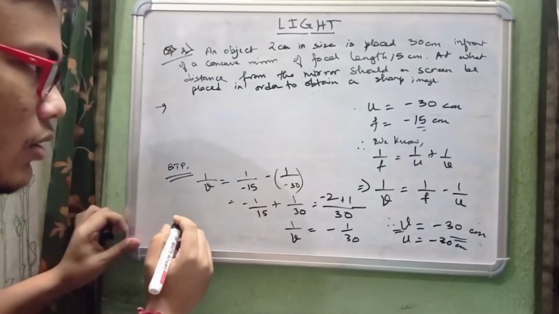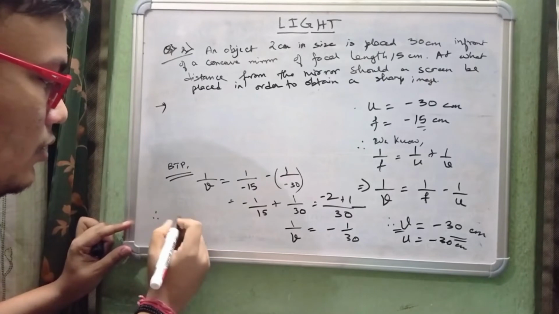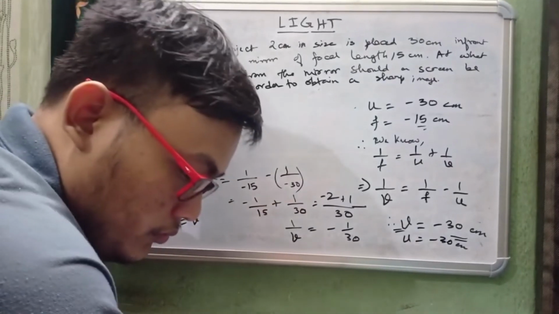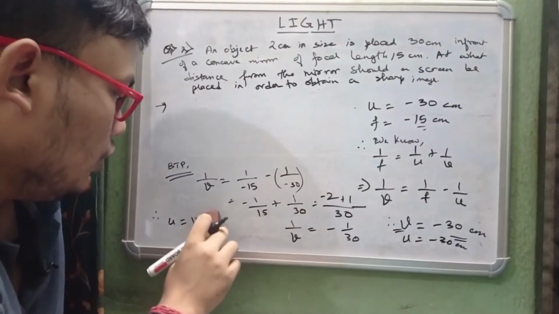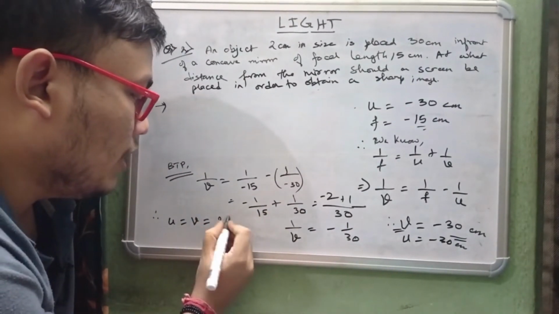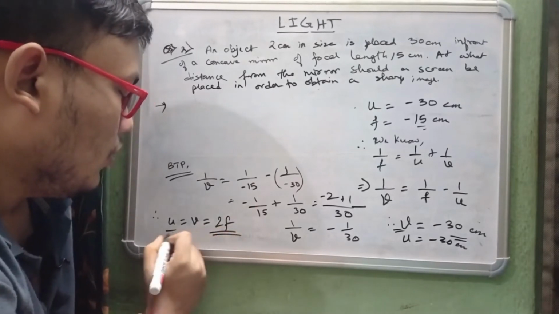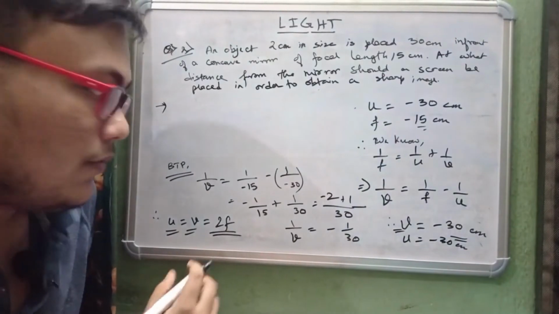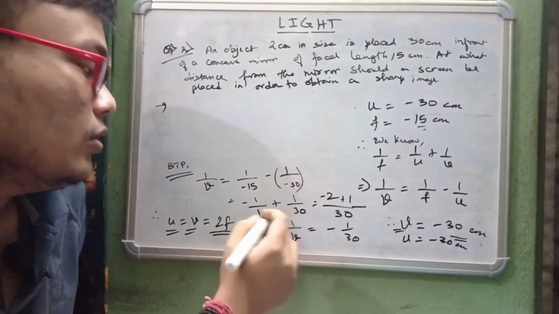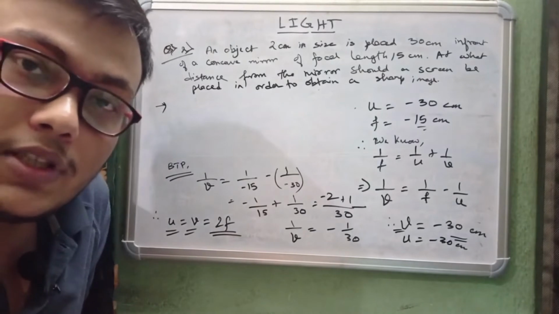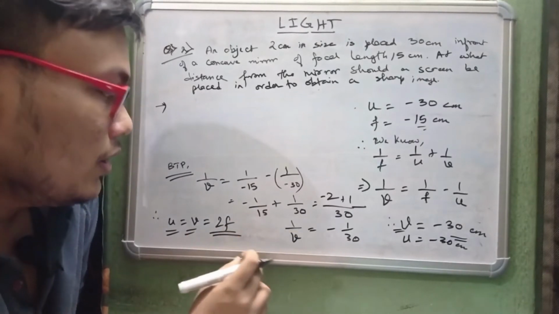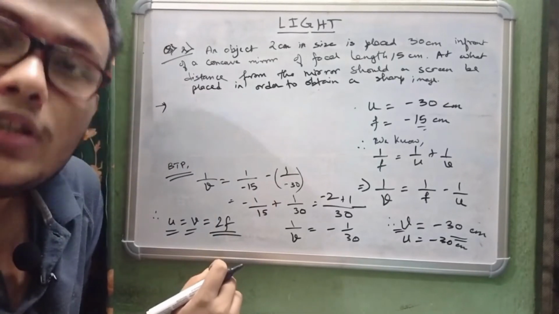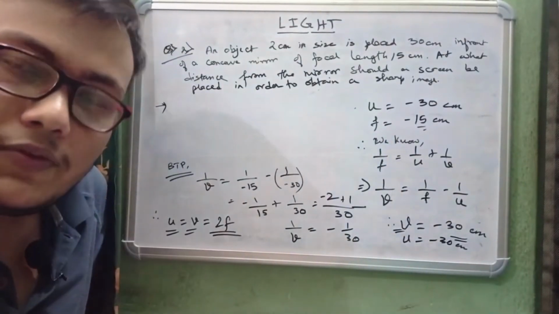So we can conclude that u equals v equals 2f, that is, object distance is equal to image distance, which is twice f. 2 into f means the center of curvature. So the object and the image are placed at the center of curvature, that is 30 centimeters, right?